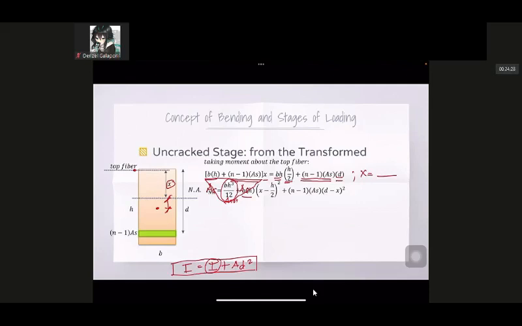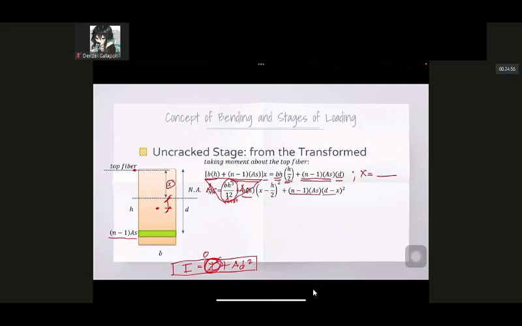Then plus the I of the steel. But the I of steel in the transform section has no moment of inertia, it is 0. Nagiging 0 ito kasi transform na natin yung area of steel mo. So ang magiging formula na lang niya is we have the area of the steel multiplied by the distance of the steel from the neutral axis.